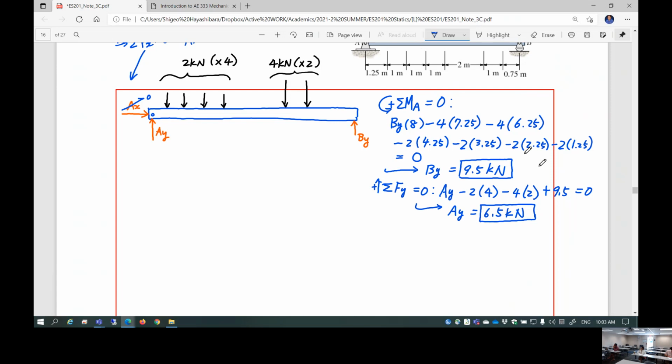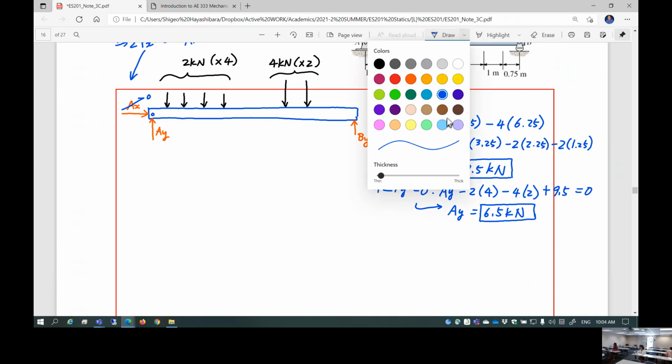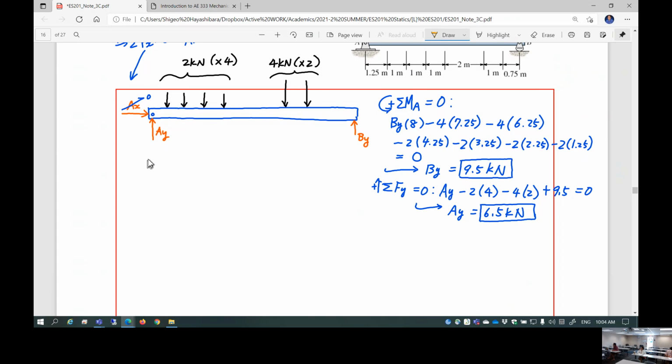Okay, anyways. So I'm going to draw, first of all, shear. I'm going to draw a shear diagram here, really carefully. All right, so let's just be careful about this. This is the end point of the beam.